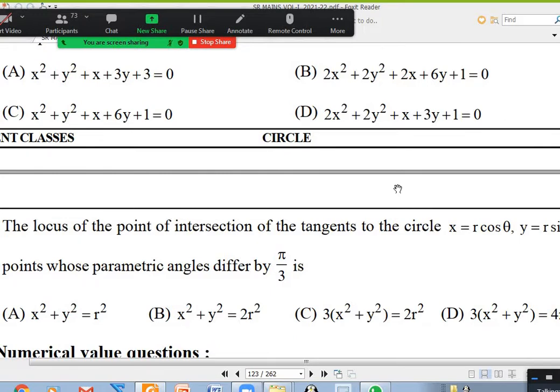All right. So you can see on the screen question number 166. Anybody any doubt? Yes, sir.